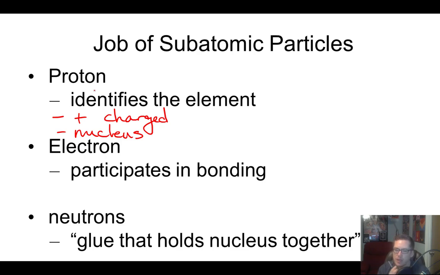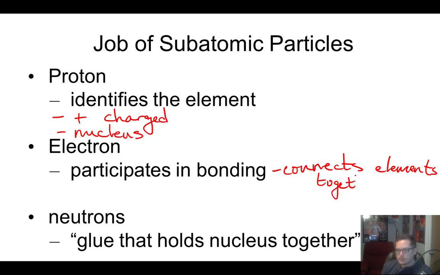Electrons are what allow atoms to participate in bonding. So this is what connects one element to the next, connects elements together. They're negatively charged, so they're the opposite of protons, and they are outside the nucleus.